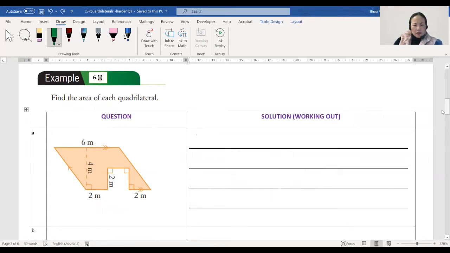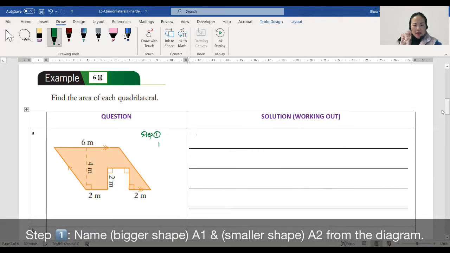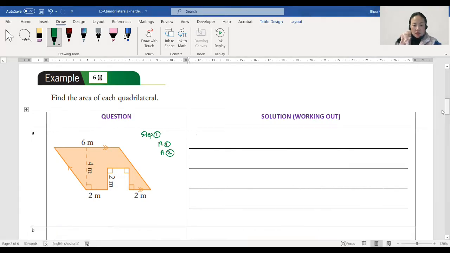Step 1. Okay, I'm going to actually use steps now. Step 1, I need to name the area 1 and area 2. Because these are composite shapes, you will have more than one shape to deal with. The one outside, the bigger shape, I'm going to call area 1.